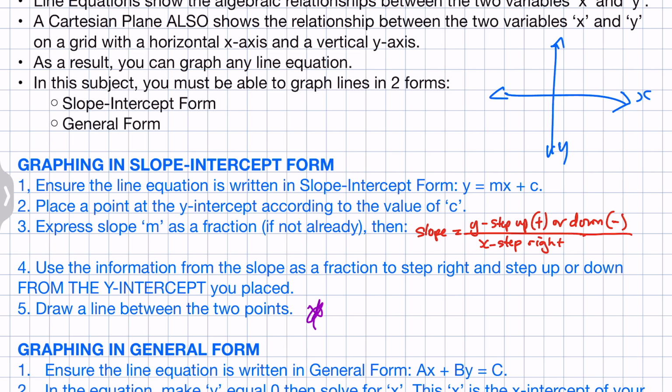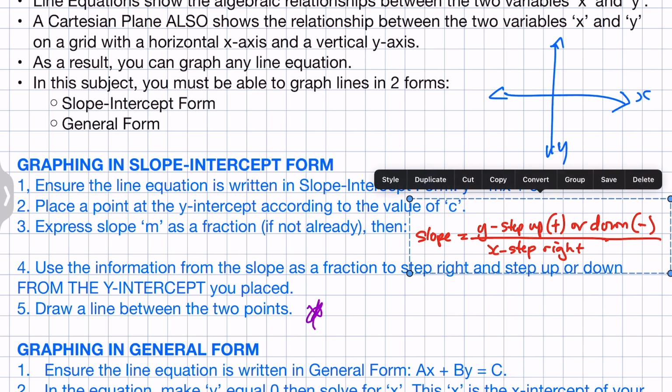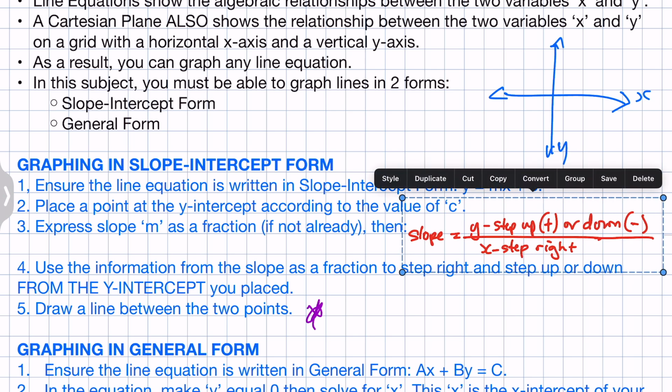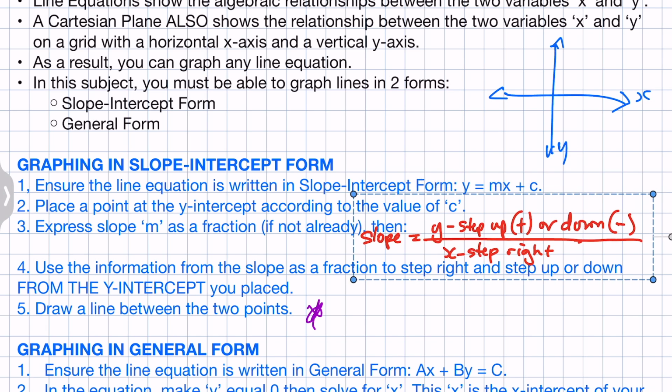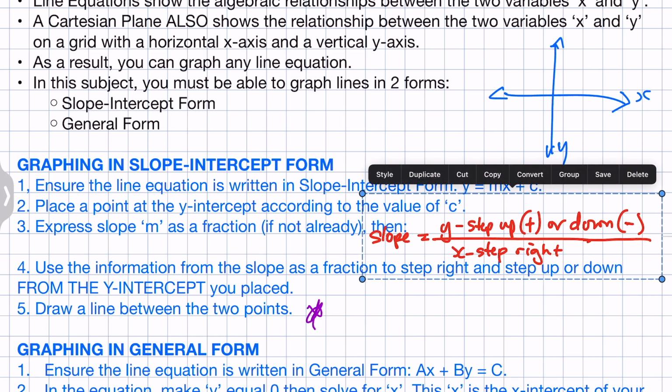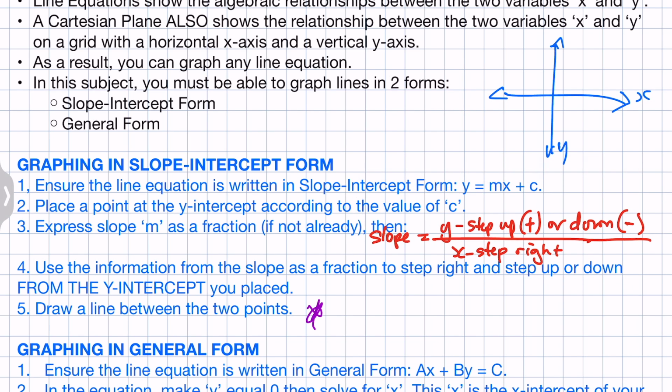Question? Read the red part. Does it larger help any, or do you want me to rewrite it? Can you just say what you just read? Yeah. The slope equals y step up if positive or down if negative over the x step right.